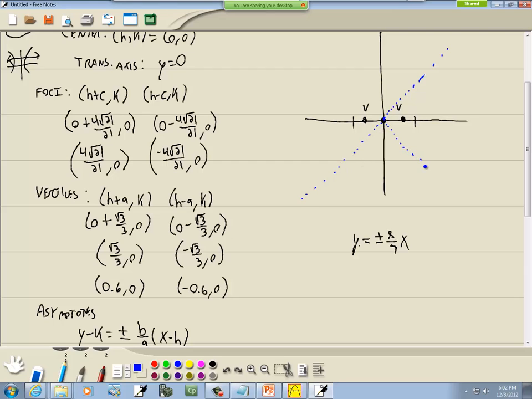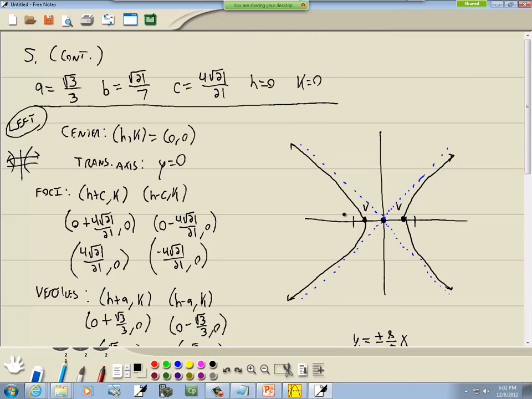And same over here. Okay. And this is a real rough sketch. Get that. And we get this. And this is going to be rotated 45 degrees.